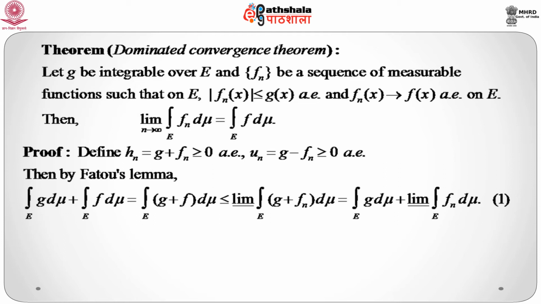Let us define h n as g plus f n, and naturally this is greater than or equal to 0, and h n as g minus f n, which is again greater than or equal to 0, because g is always greater than or equal to f n. Now, f n and g must be non-negative obviously, and this is almost everywhere. Then by Fatou's lemma, if we apply Fatou's lemma on this sequence of measurable functions h n, we get integration of g d mu plus integration of f d mu, which equals integration of g plus f d mu.